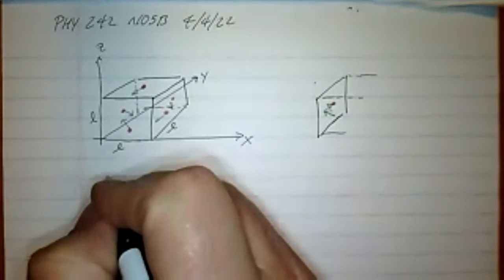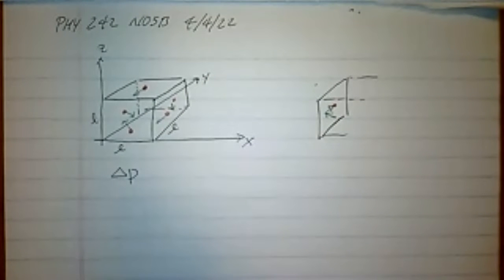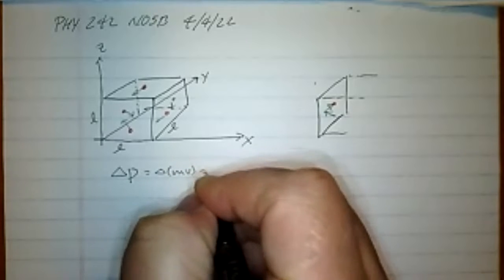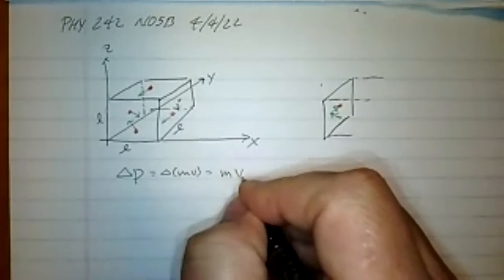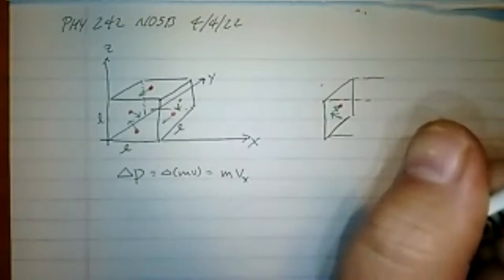So I'm going to say the change in momentum, and remember momentum is m times v, the change in momentum, delta mv, would actually equal m times v sub x, where x is just that component of velocity in the x direction.